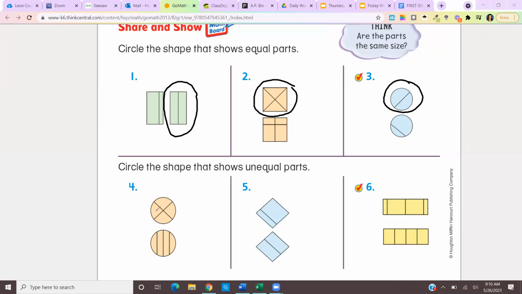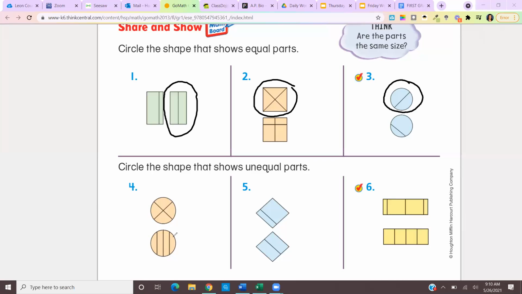So for number 4, at this first circle, does it show unequal parts? No, thumbs down. All those parts of the circle are the same size. But what about this second circle for number 4? Does it show unequal parts? Yes. So if you look closely, guys, look at that number 4.